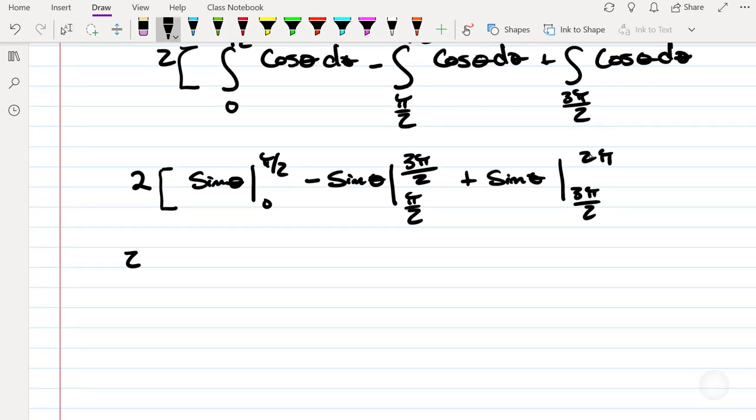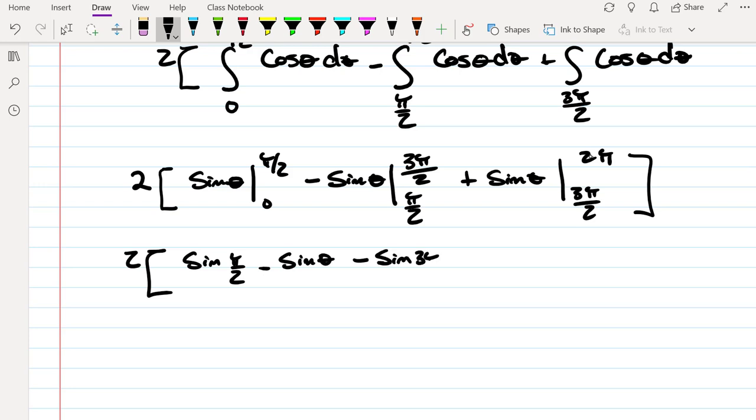So that's going to give us 2 times the sine of pi over 2 minus the sine of 0 minus the sine of 3 pi over 2 plus the sine of pi over 2. So we're adding the sine of pi over 2 because I have a minus sine theta, and then you got a minus the lower limit, so the minus minus makes it positive. And then we get plus the sine of 2 pi minus the sine of 3 pi over 2.